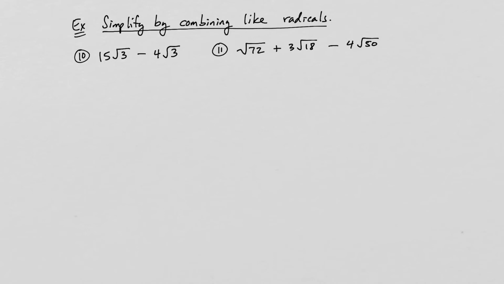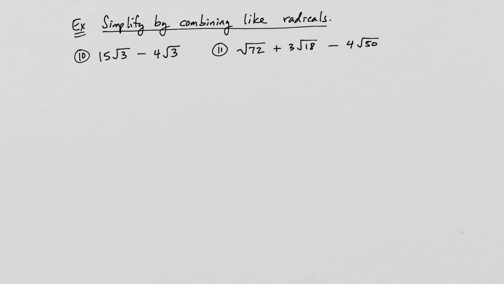Okay, so the next concept is to simplify a radical expression by combining like radicals. Now, like radicals are radicals that are alike, meaning that they have the same index and the same radicand. So, in other words, the radical has to look exactly the same.